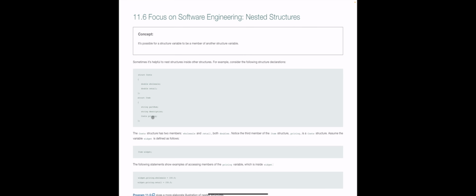So what we're saying is each item includes a cost, and that cost is the wholesale and the retail value of an item. We can see in one of our previous examples here with a student where that would be beneficial.